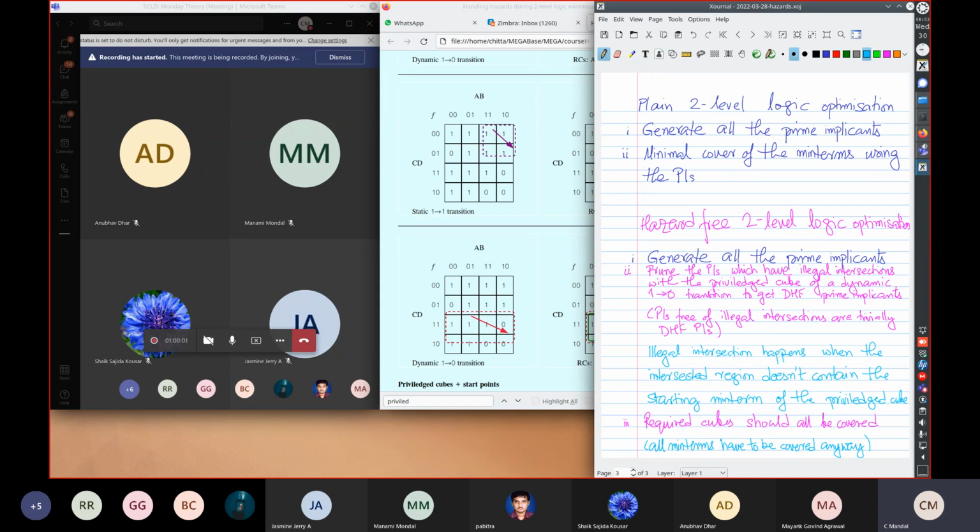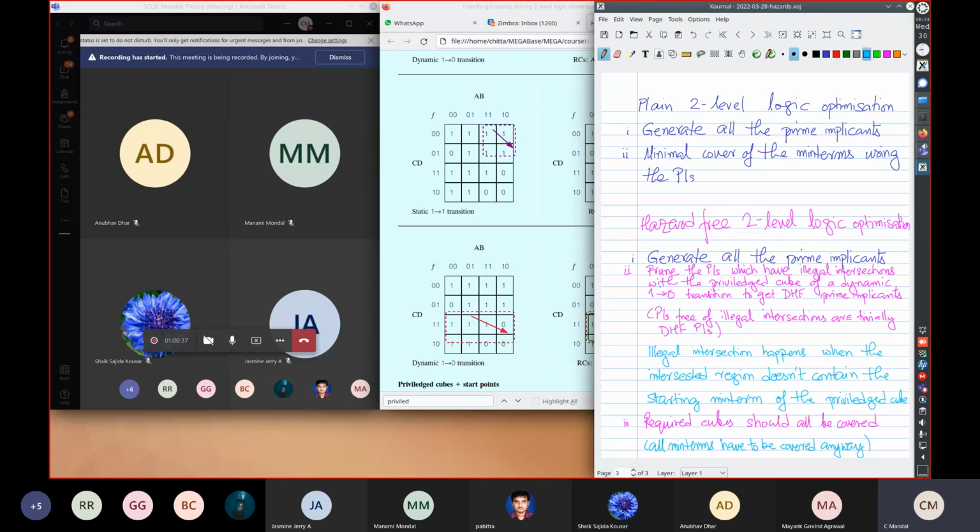See, generating all these prime implicants, you know already. Then you consider those dynamic 1-0 transitions, which are of course function hazard free, because if there's a function hazard, there is nothing you can do about the implementation. So you consider dynamic 1-0 transitions that are free of function hazards. So there, first of all, you get the privileged cubes.